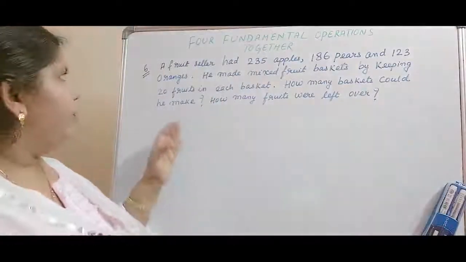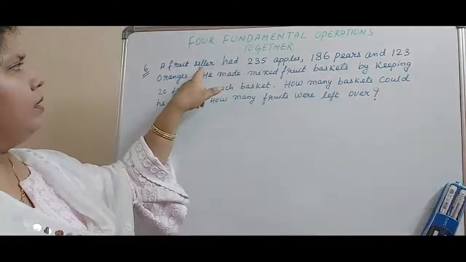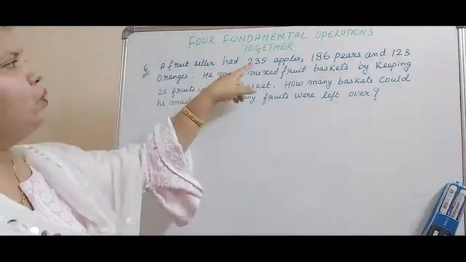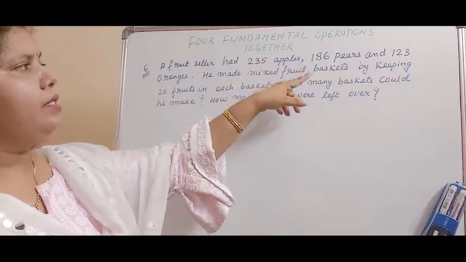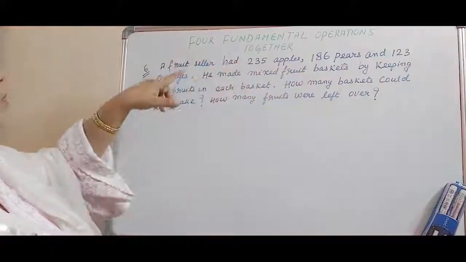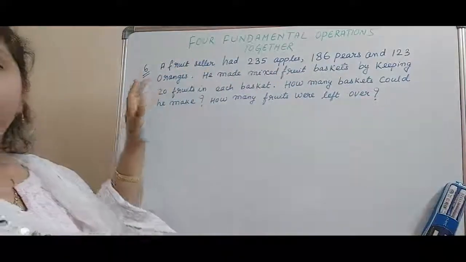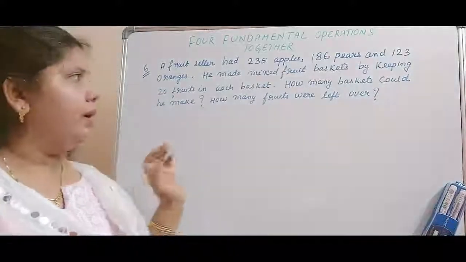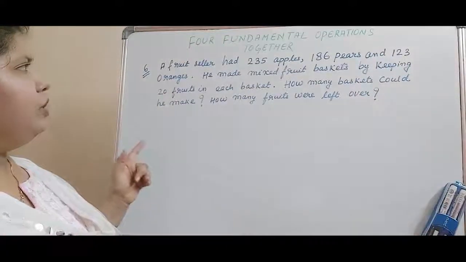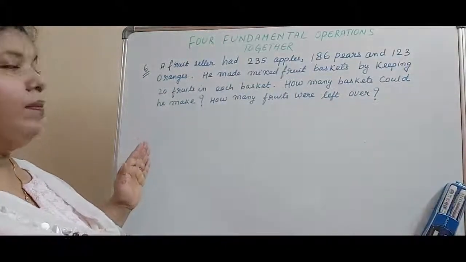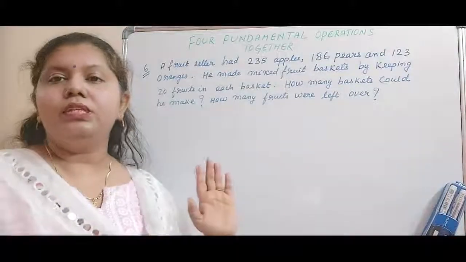So we will add all the fruits first of all, that is 235 apples, 186 pears and 123 oranges. We find the total number of fruits. Now we have to arrange these fruits in baskets, okay, by keeping 20 fruits in each basket.